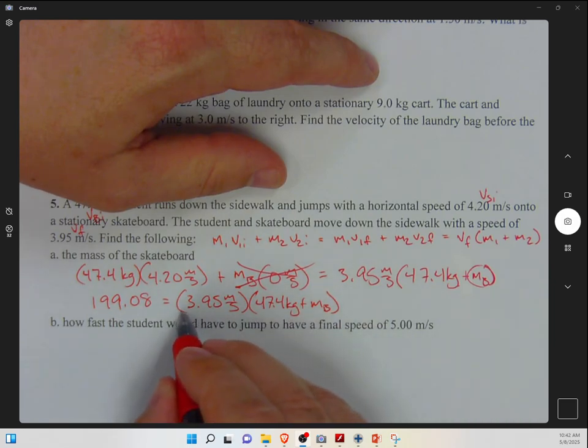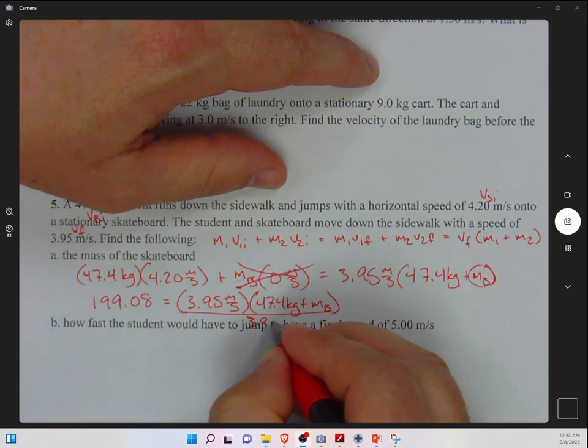I'll start solving for the MB. So I'll divide both sides by 3.95.